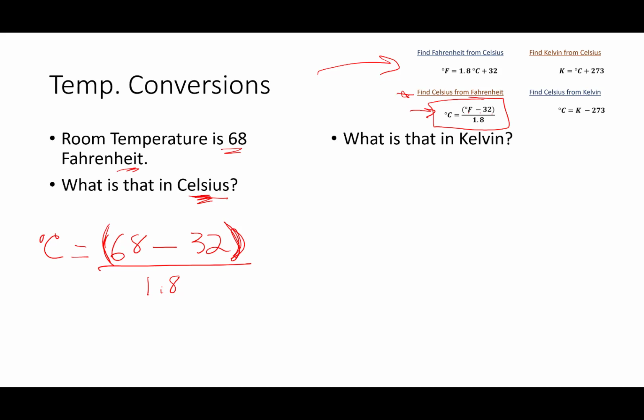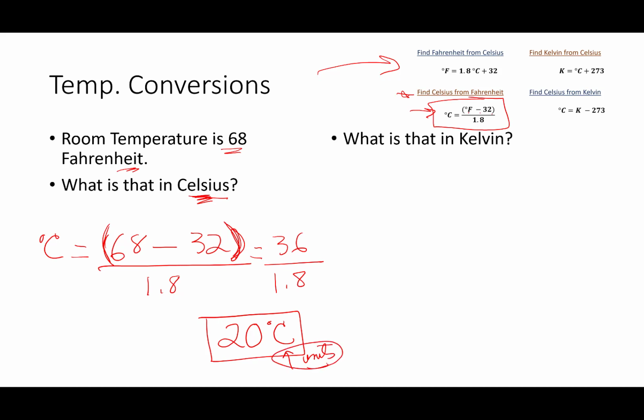So 68 minus 32 is going to be 36 divided by 1.8, and order of operations is important. When you grab your calculator, 36 divided by 1.8, we're going to end up with an answer of 20 degrees Celsius. It is very important in science you always label with a unit whatever you are dealing with.